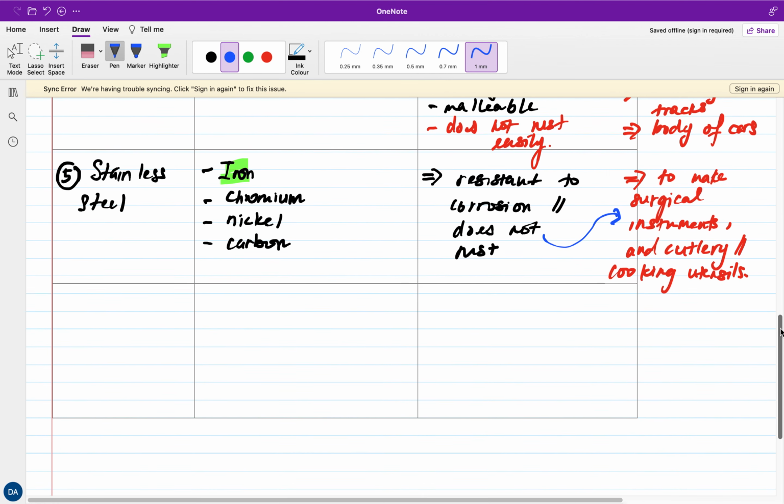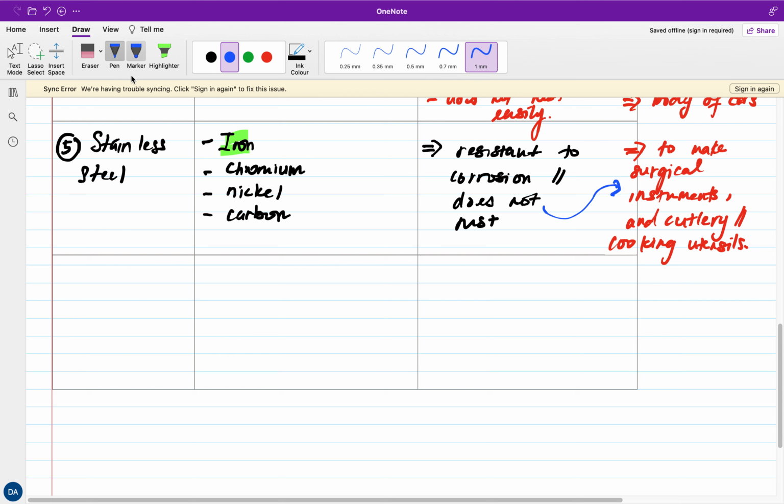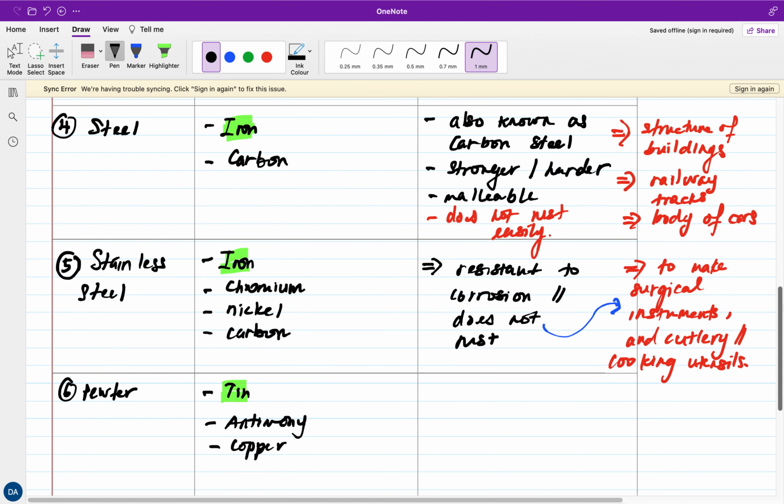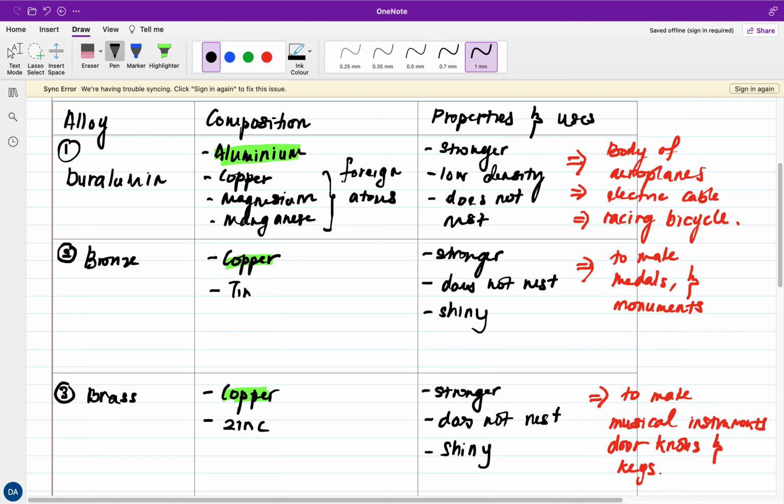Okay, and next one, last one, number 6, is pewter. Pewter, in which tin is the main component, the one that I'm highlighting. The addition will be antimony and also copper. Most important thing is that you need to know the major component.